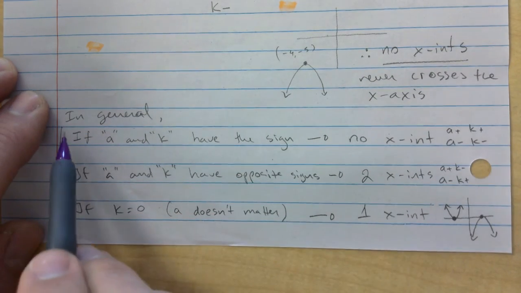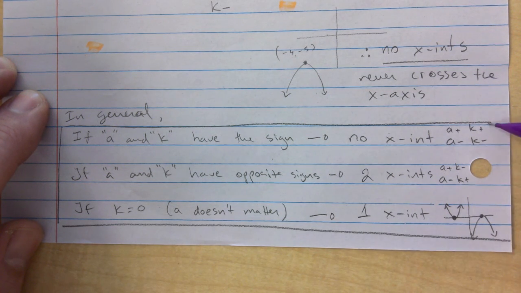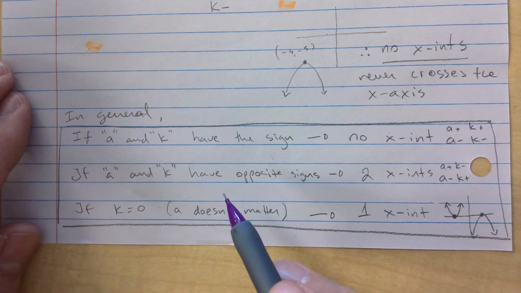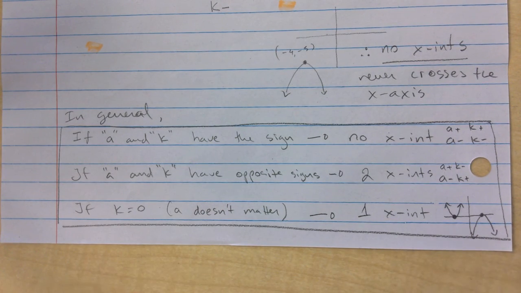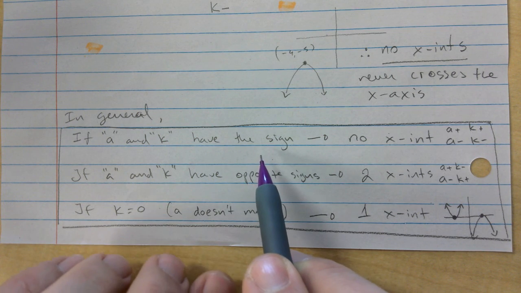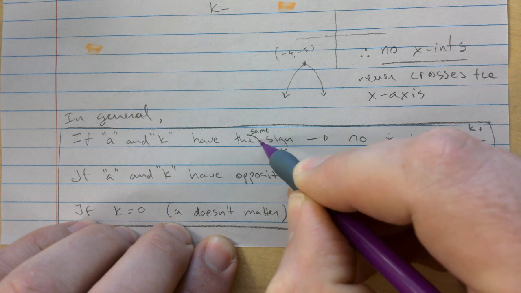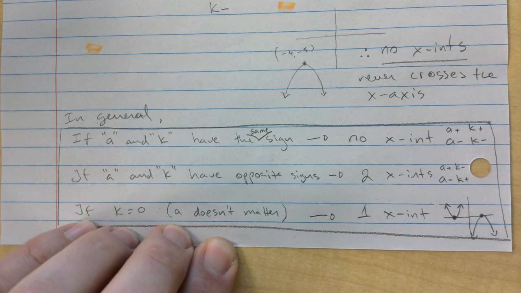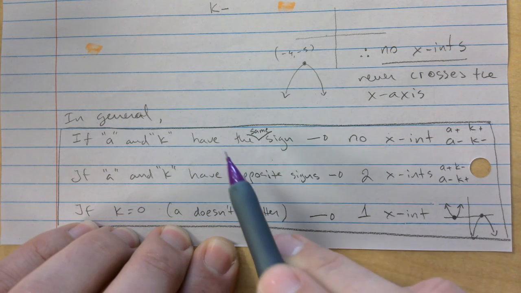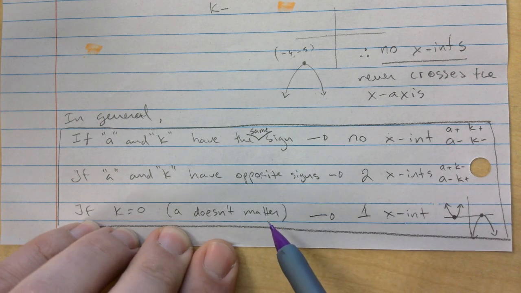And keep in mind this is only for vertex form, okay? It says if A and K have the same sign. Oh, is that what you're referring to, Matthew? Yeah, it's the same sign. Sorry about that. If they have the same sign, opposite sign, and if K is equal to 0, it doesn't even matter what A is.